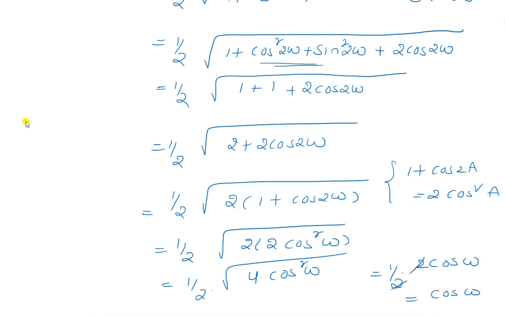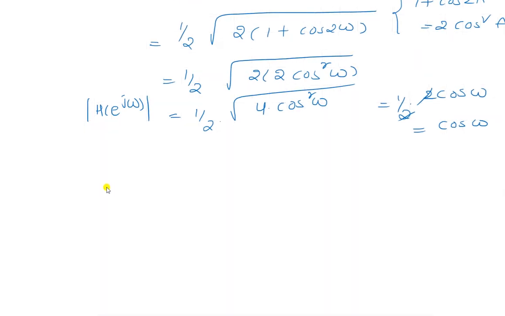So this is the modulus of H of e to the power of j omega. This is the magnitude response. So I am writing clearly, modulus of H of e to the power of j omega is equal to cos omega.